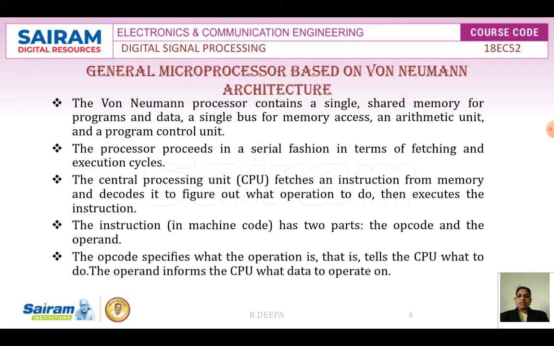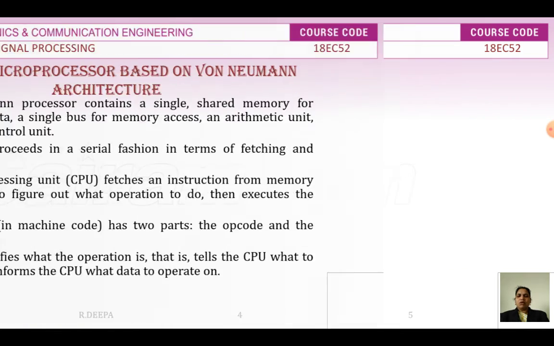Once the CPU fetches the instruction from the memory, it will decode it and start executing it. The instruction consists of two parts: one is the opcode and another one is the operand. The opcode specifies what operation the CPU is going to perform, and on what data it will be available in the operand.